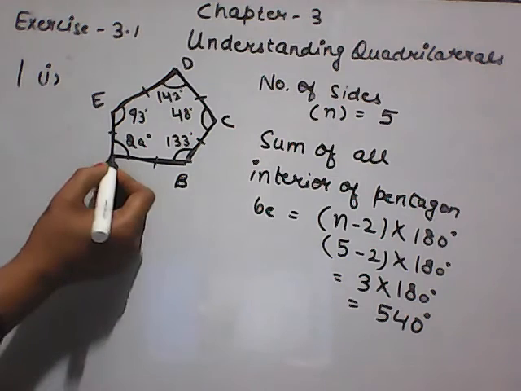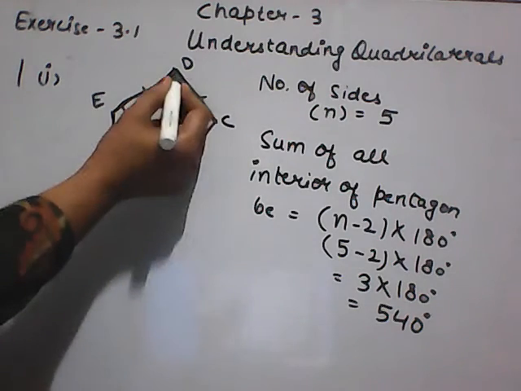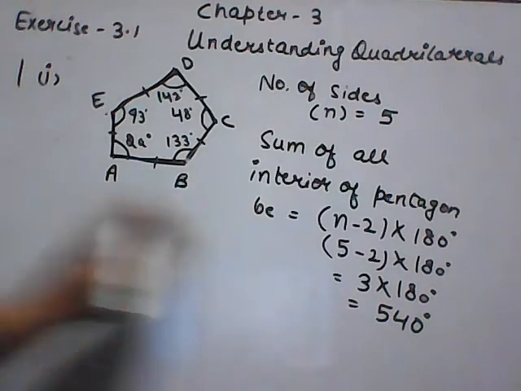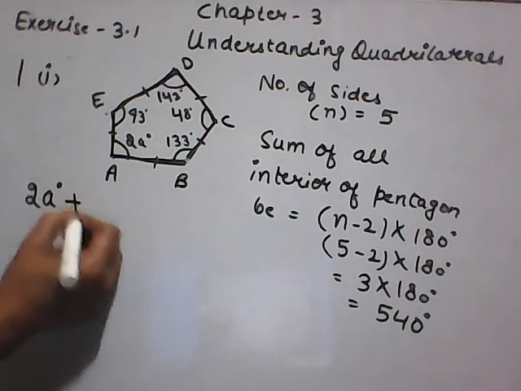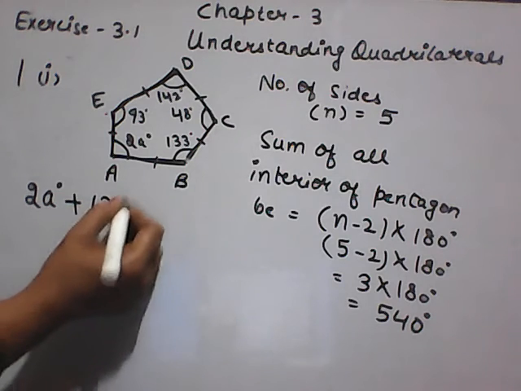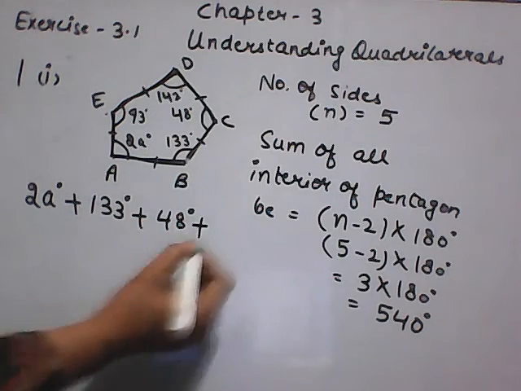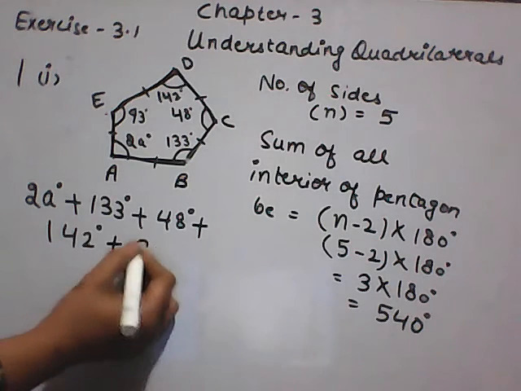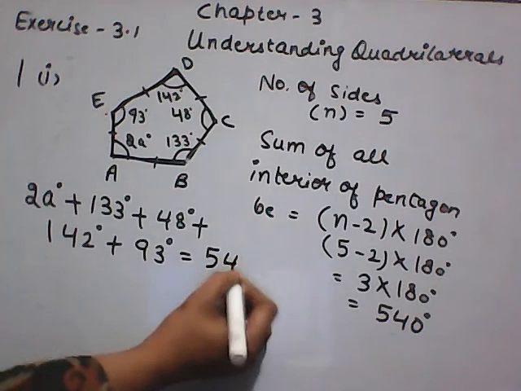So we can write it as angle A plus angle B plus angle C plus angle D plus angle E equals 540 degrees. Now the value of A is 2A degrees. The value of angle B is 133 degrees. The value of C is 48 degrees. The value of D is 142 degrees. The value of E is 93 degrees. That equals 540 degrees.